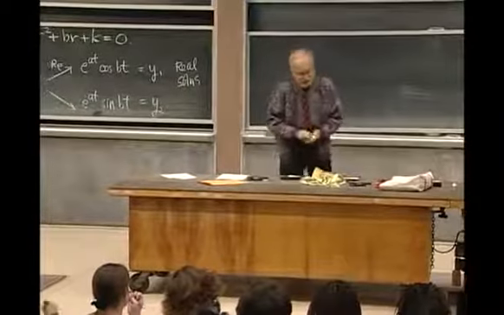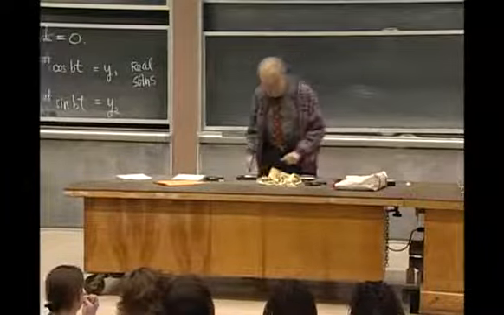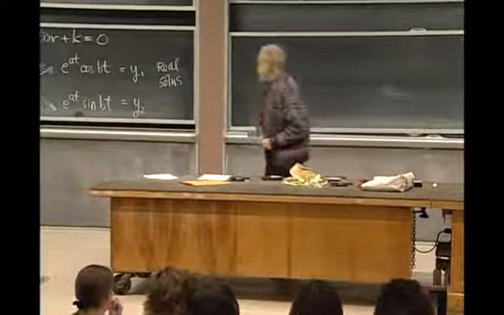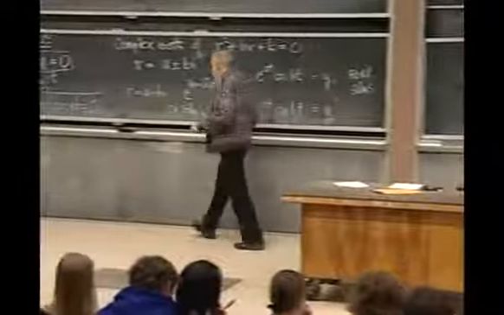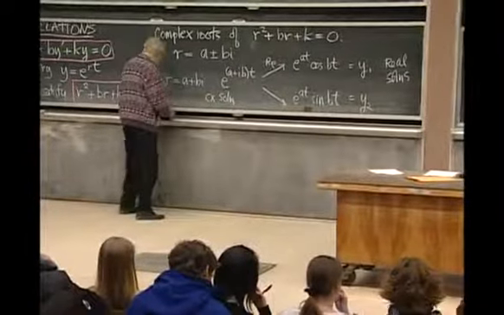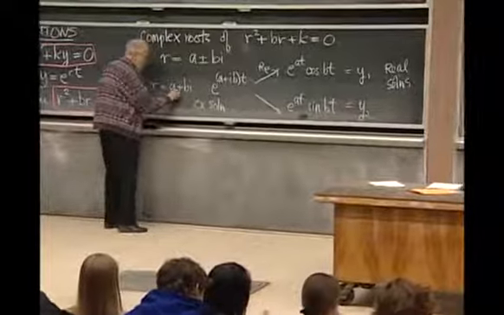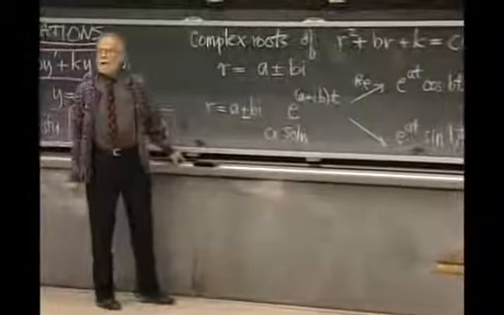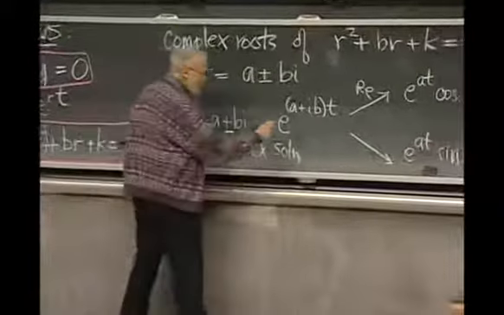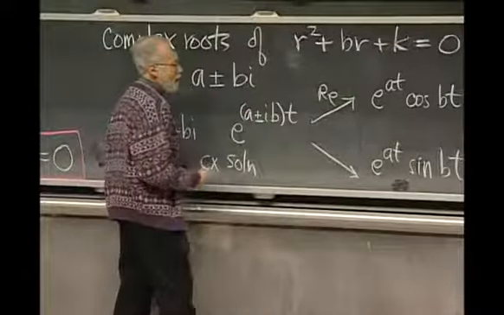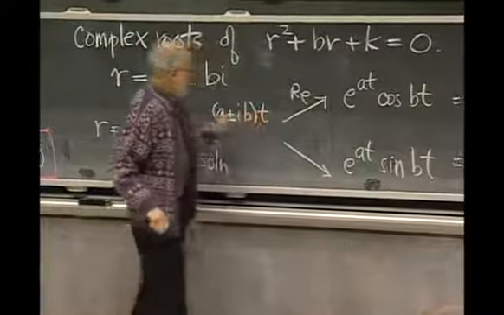Maybe I could indicate that most clearly here, even though you won't be able to take notes, by just using colored chalk. Suppose instead of a plus bi, I'd used a minus bi. What would have changed? Well, this would now become minus here. Would this change?